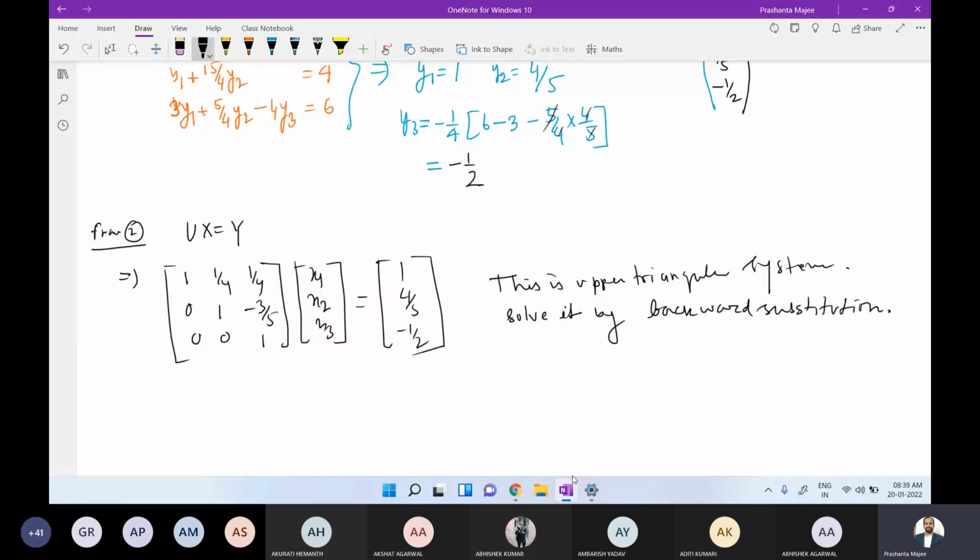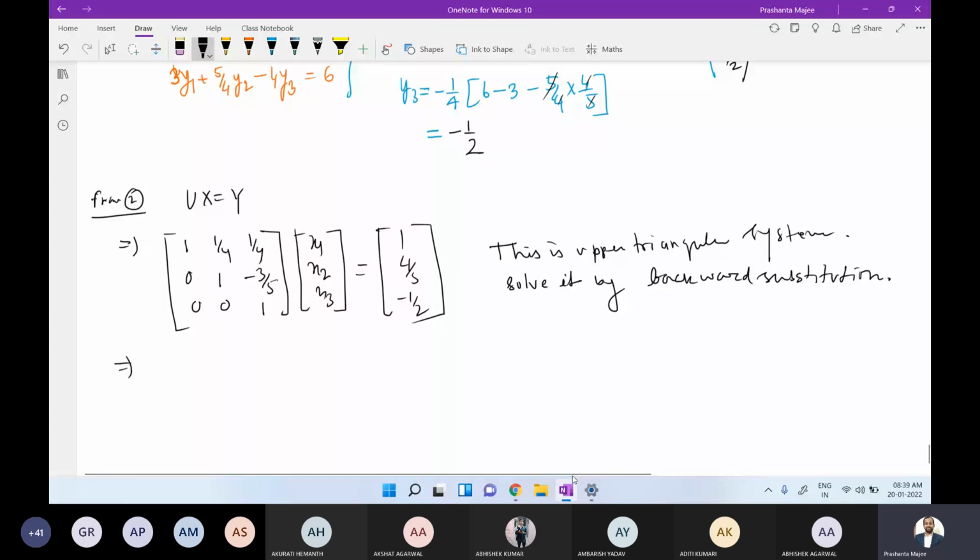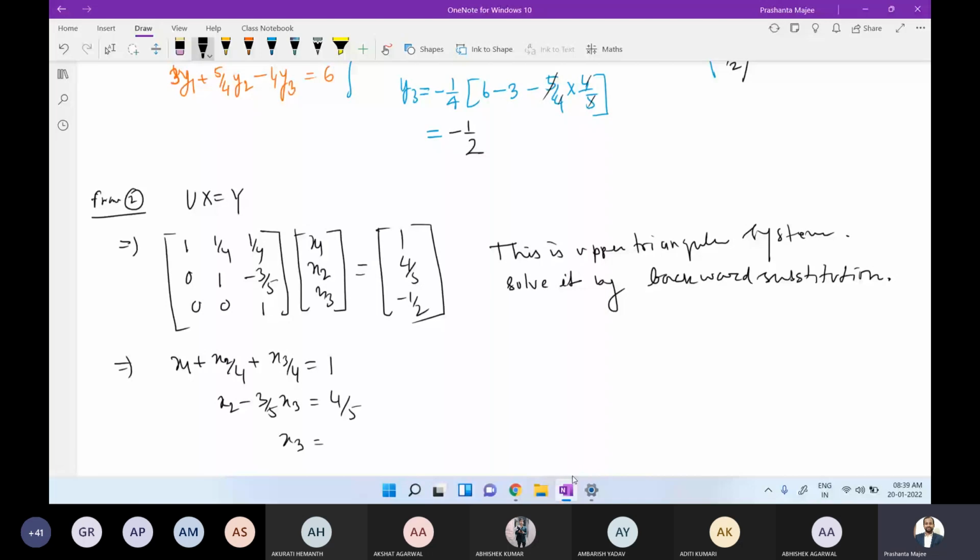So let me write down the system you are getting. x1 plus x2 by 4 plus x3 by 4 equals to 1, x2 minus 3 by 5 x3 equals to 4 by 5, and x3 equals to minus half.